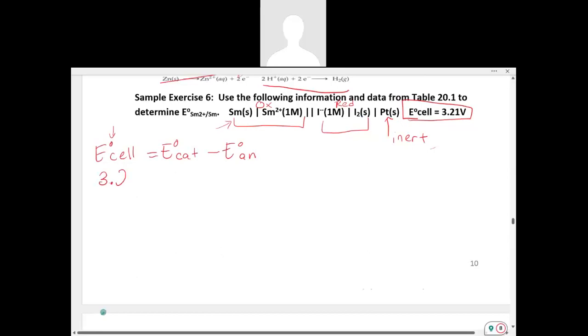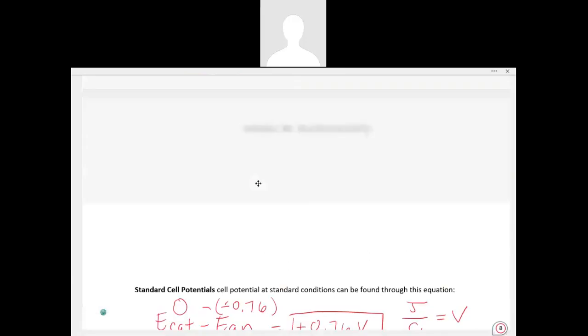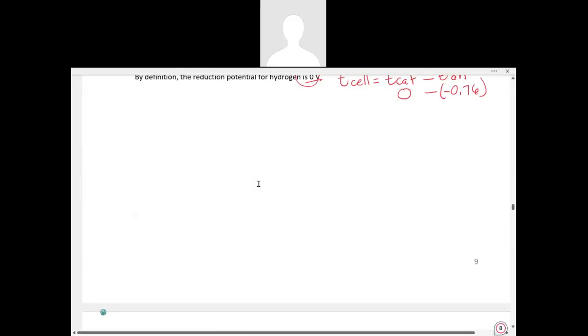We're given this overall 3.21 volts, and we're going to set that equal to the reduction potential for iodine at the cathode, which is listed as 0.54 volts, minus the anode potential. So we'll confirm that in our table.